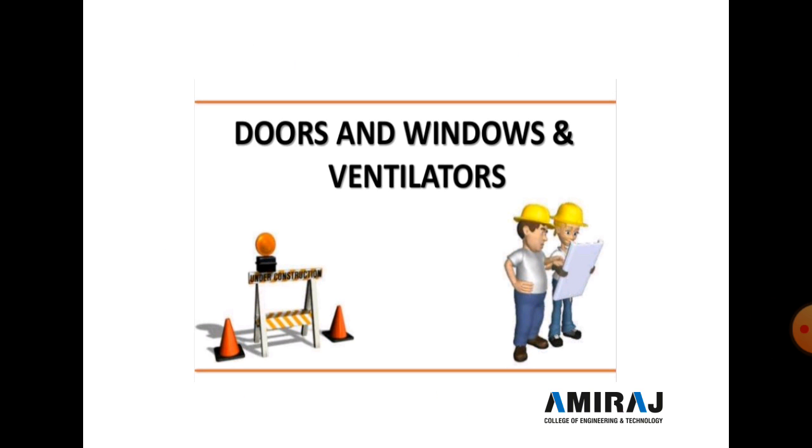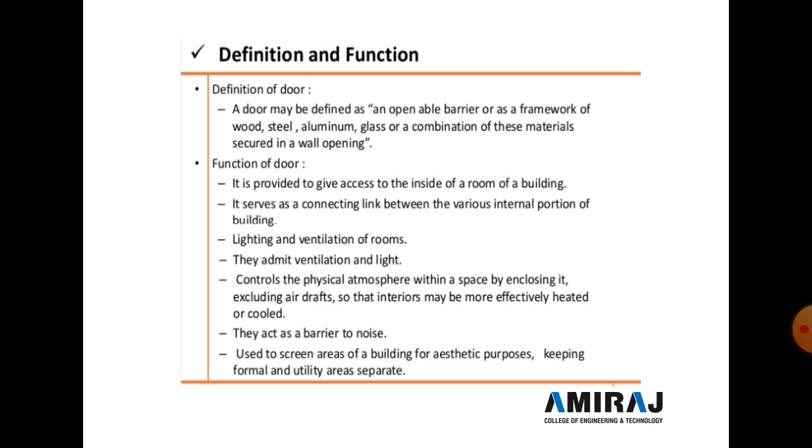And today we discuss the size of doors and types of doors, and one by one we discuss the types of door. So now we start a new topic, doors, window and ventilation. First, the definition of the door.